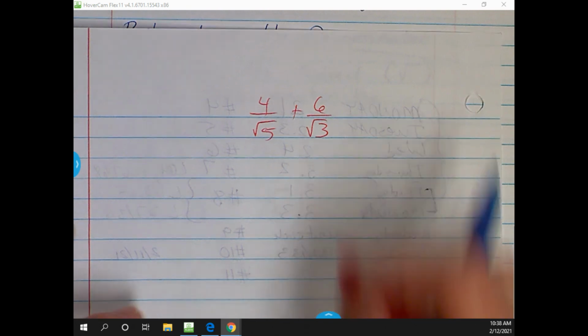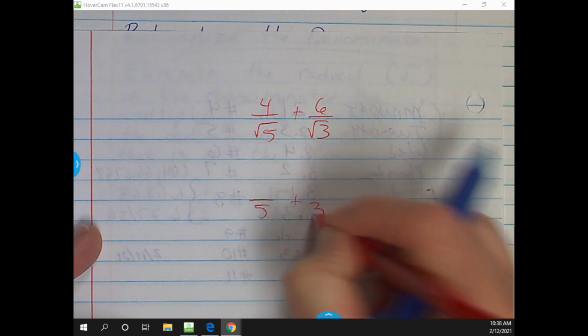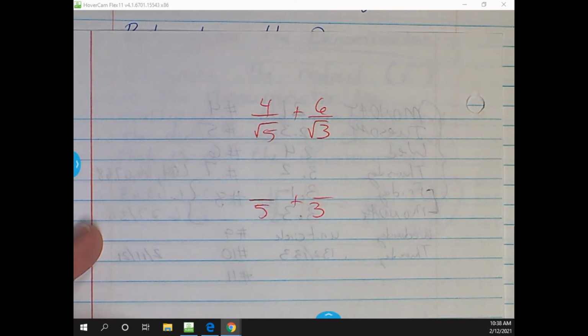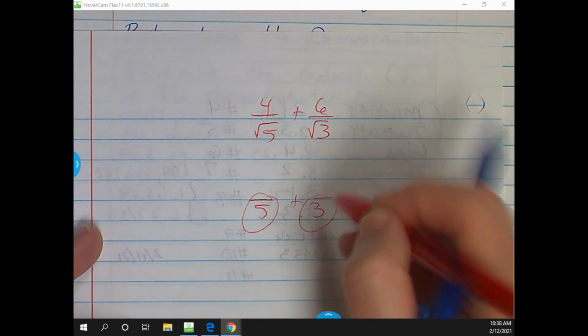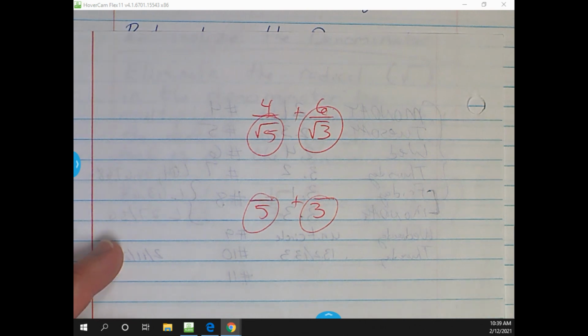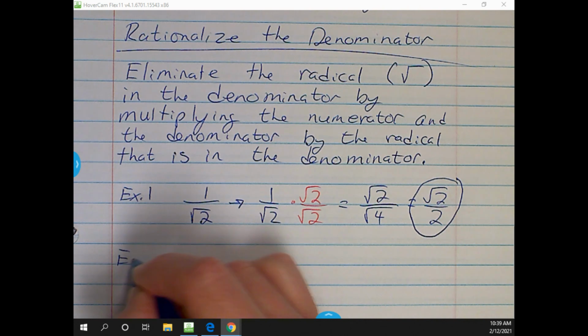If we change these so that we have just numbers instead of radicals in the denominators, it's a lot easier to get common denominators, because the radicals just throw people off. That's the main thing we're trying to do. So, all right, example 2.